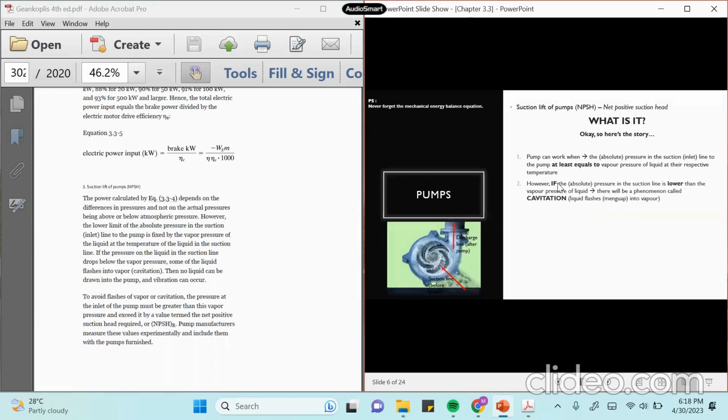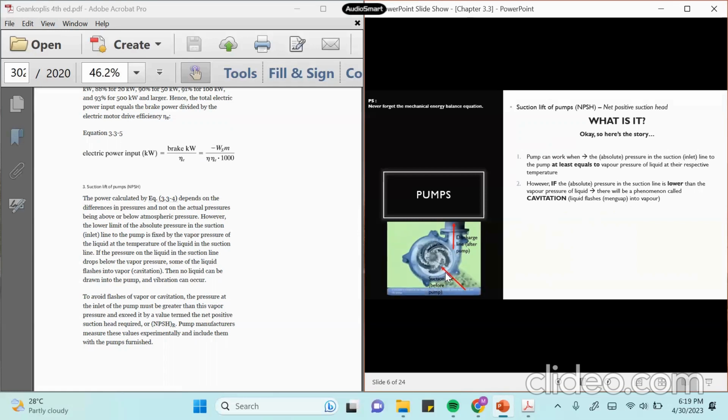However, if the absolute pressure in the suction line is lower than the vapor pressure of the liquid, that means there is no liquid passing through the centrifugal pump. Now there will be a phenomenon called cavitation. Cavity, in Indonesian, is kekosongan, where liquid flushes into vapor.